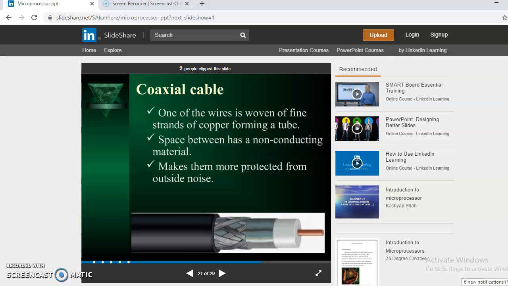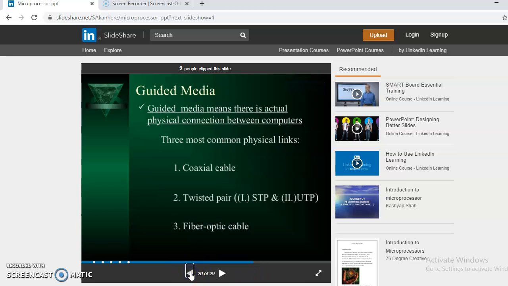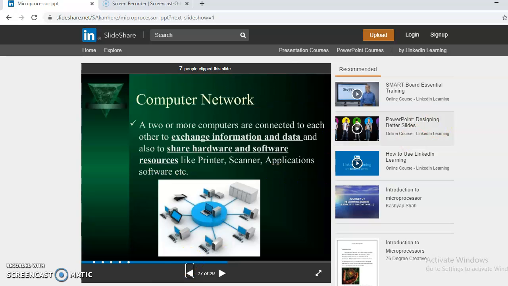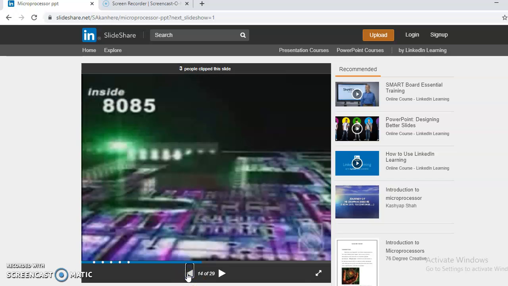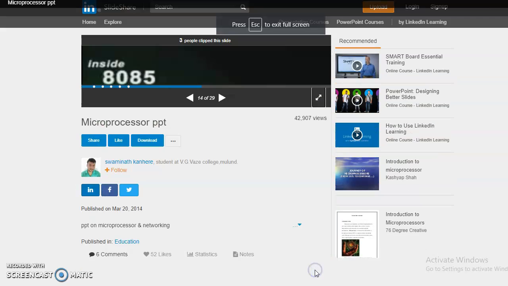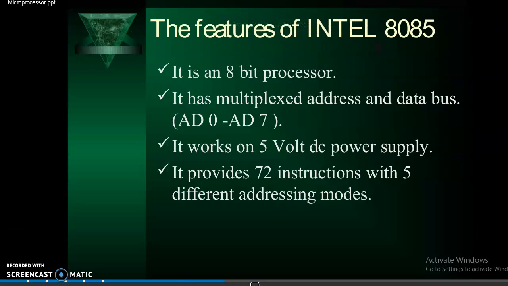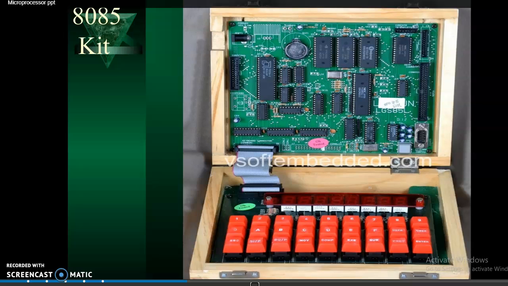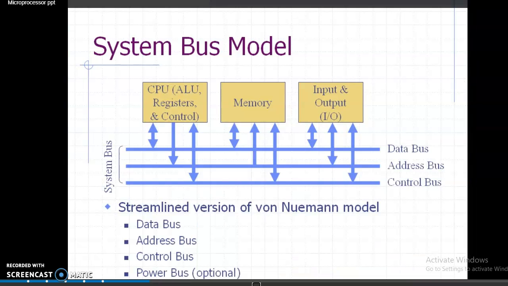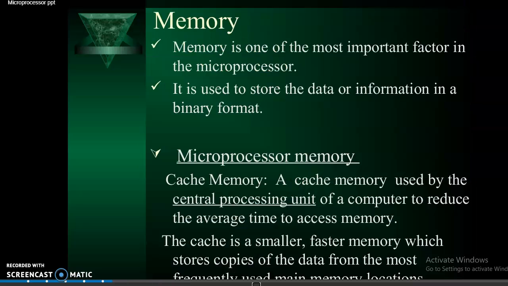wait a minute, I will tell in detail about what is arithmetic and logic unit. In our previous example you can see the purpose of the arithmetic and logic unit.